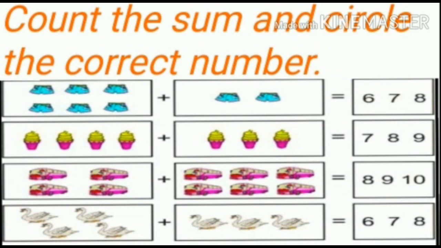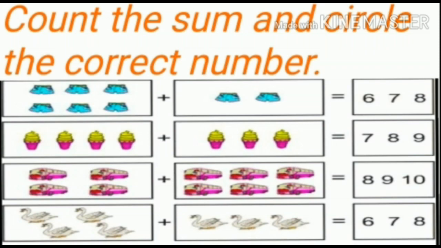Count the sum and circle the correct number. First we will count the first box's pens. So let us count 1, 2, 3, 4, 5, 6.